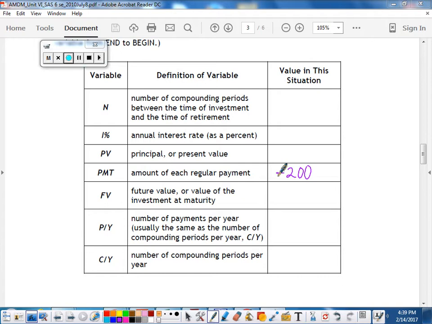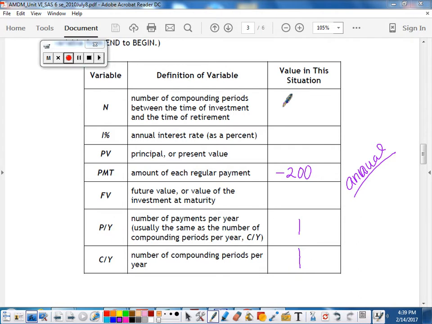But since we're only adding money, we're going to leave it as a negative 200. Then it says the number of compounding periods between the time of the investment and the retirement. So I'm going to use annual compounds, an N of annual. If I'm using annually, then I'm going to put a 1 here and a 1 there.